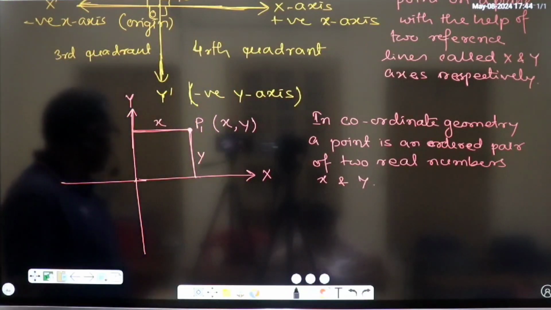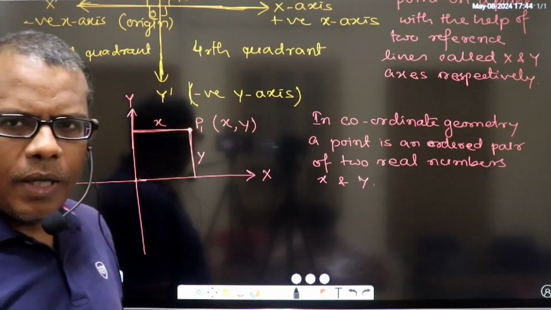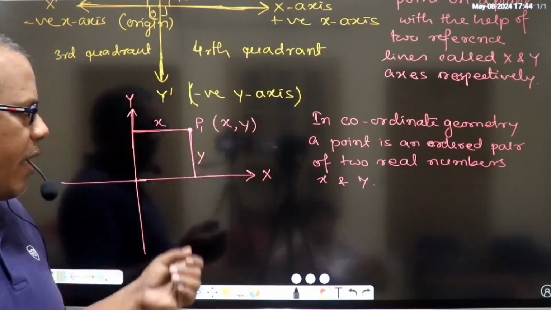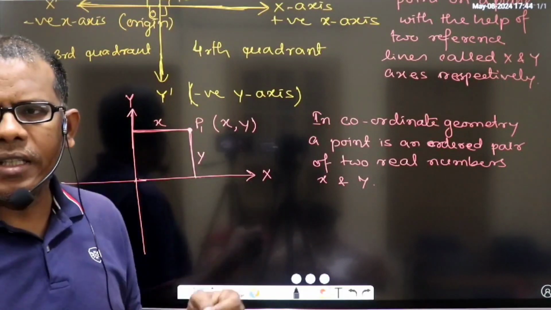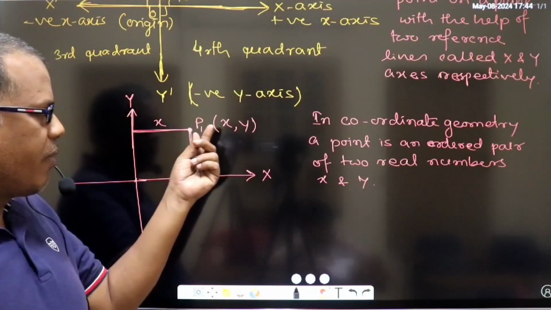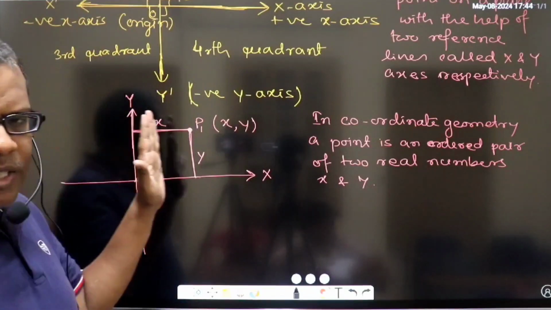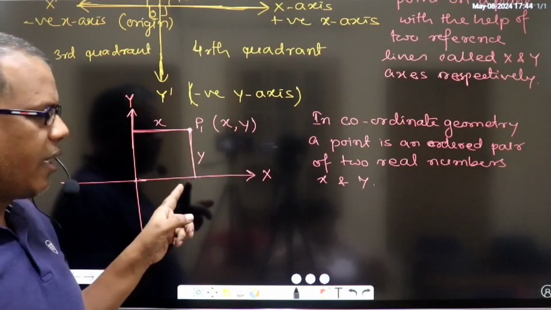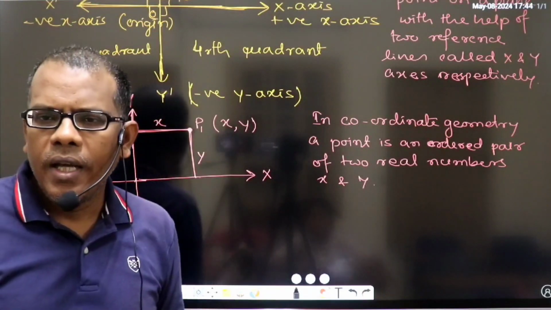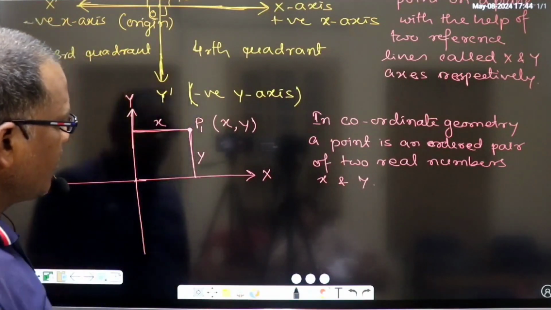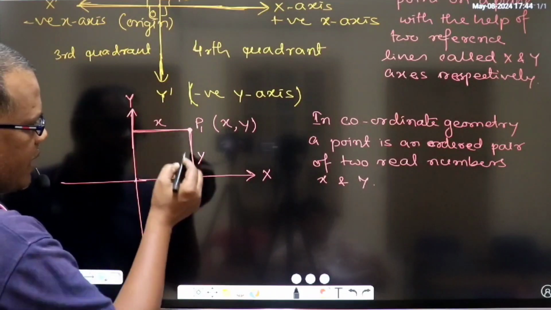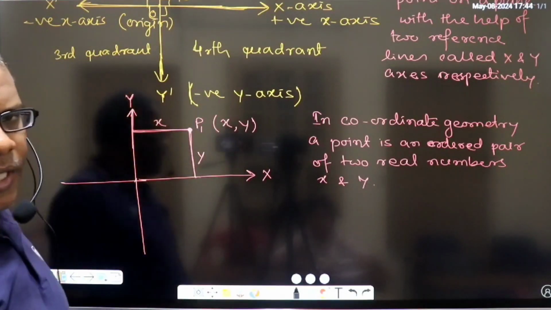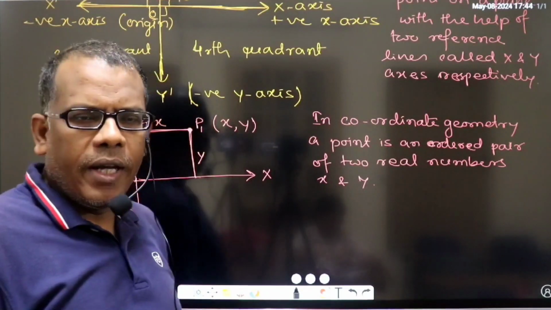We refer to a point by mentioning two real values, written as x comma y. The first value x refers to its distance from the y-axis, and the second value y refers to its distance from the x-axis, right? In the first quadrant, both these measurements are positive, and the point is given by the positive values of x and y.